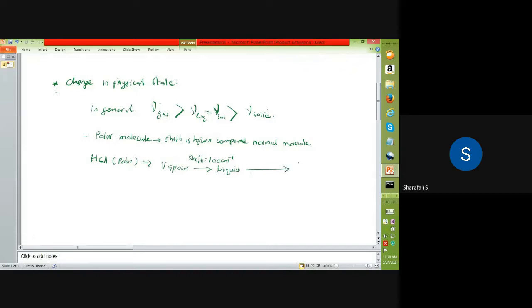And if this liquid goes through solidification and becomes solid, then it is going to have a shift of 20 centimeter inverse.